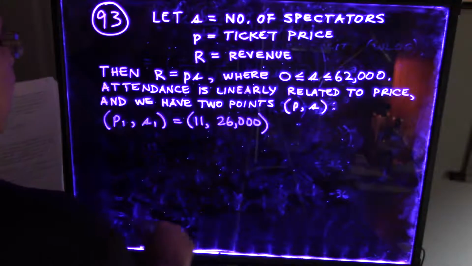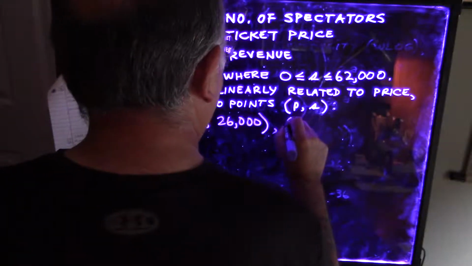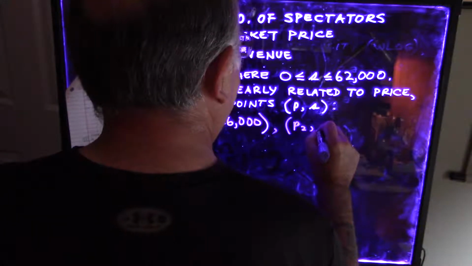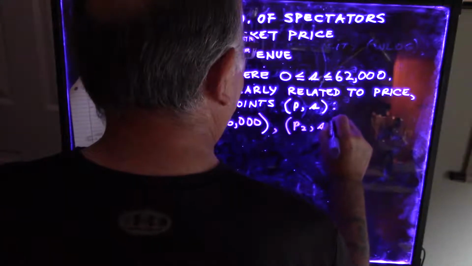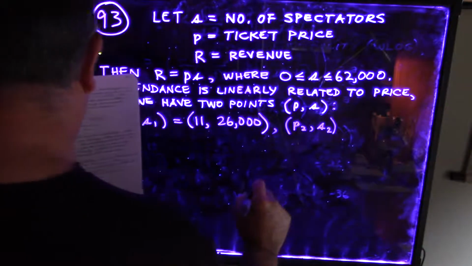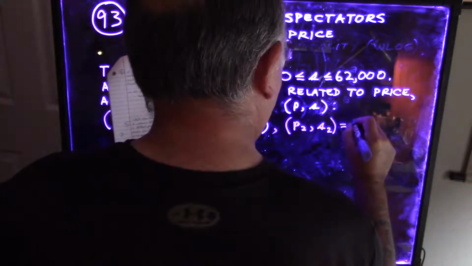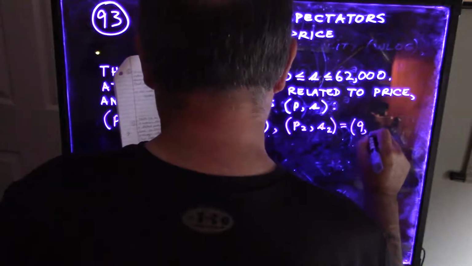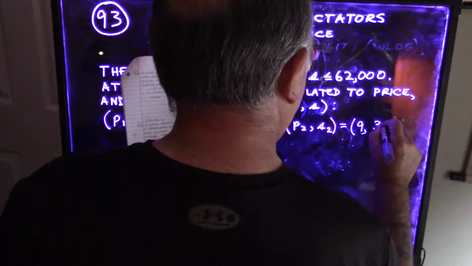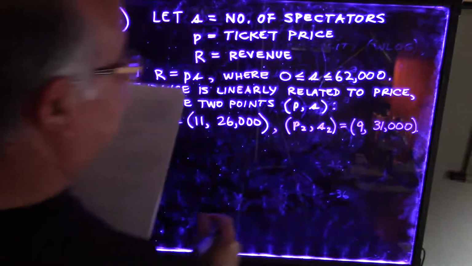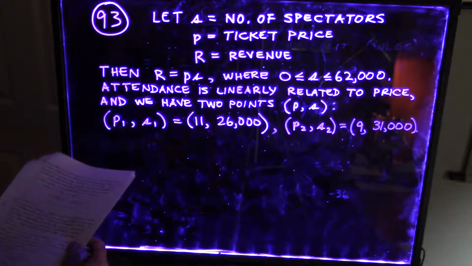Okay, so we'll call that P1, S1. And we also have P2, S2, or more correctly P sub 2, S sub 2, but I get tired of saying subs all the time. So you get what I mean. 9 and 31,000.